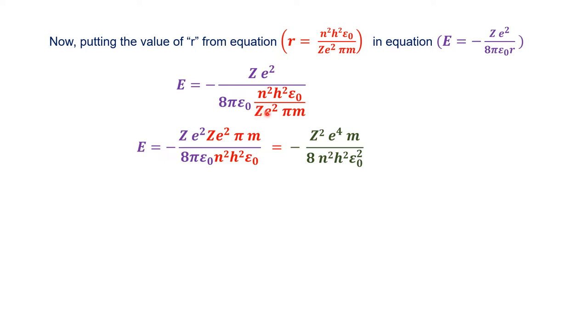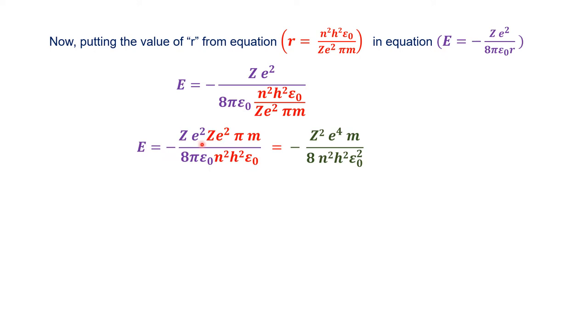See here the Z square pi m will move to the upper side. So Z square pi m divided by 8 pi epsilon naught n square h square epsilon naught. So all these values will be in the denominator, and this value will move towards the numerator side.